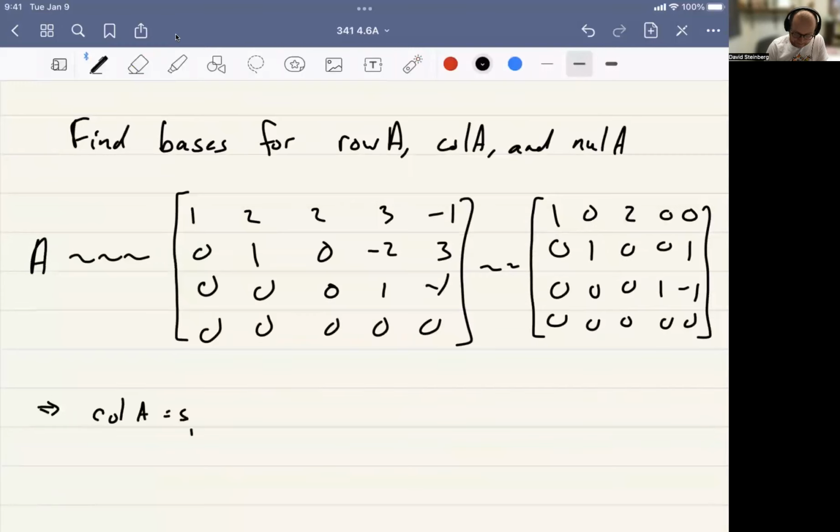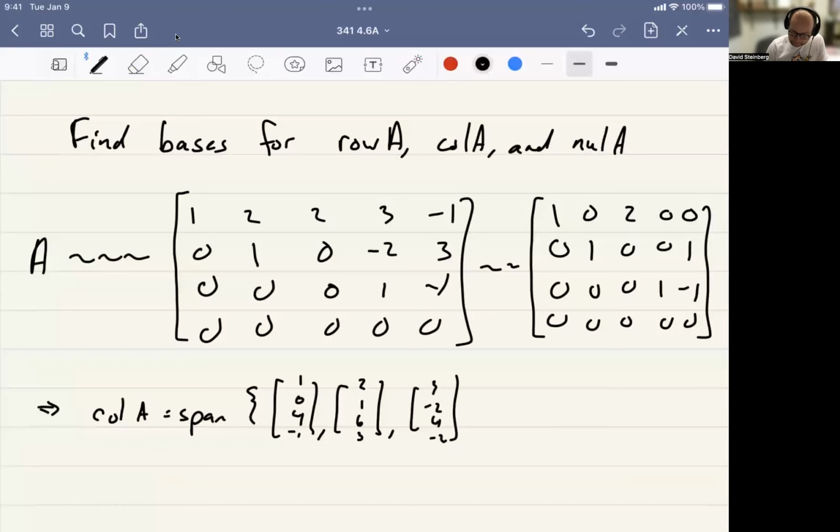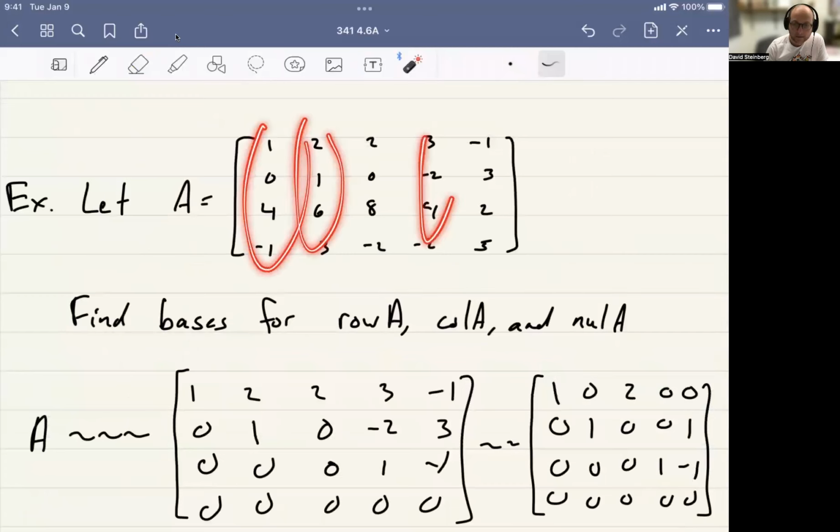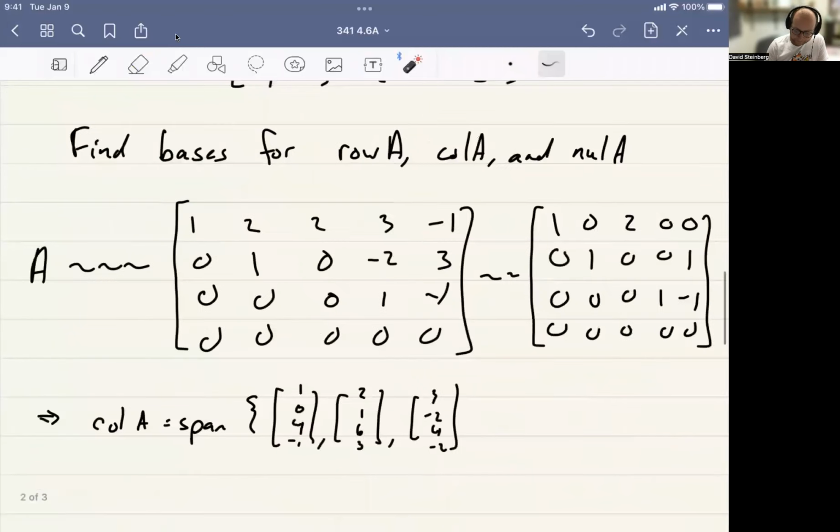Col A is the span of those first, second, and fourth columns: 1, 0, 4, -1, and 2, 1, 6, 3, and 3, -2, 4, -2. Just these columns. And this is a basis.